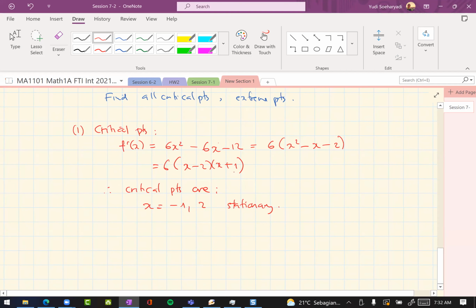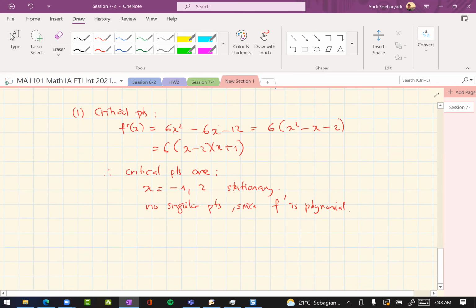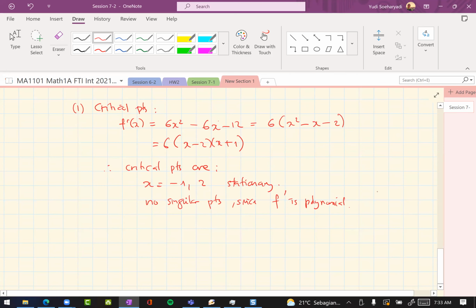Because it is always differentiable, there are no singular points. f is a polynomial, so f prime exists everywhere.